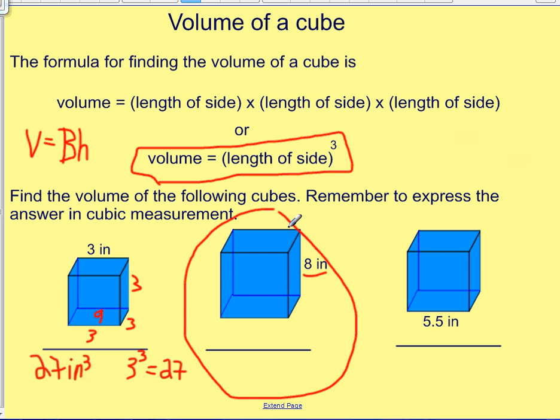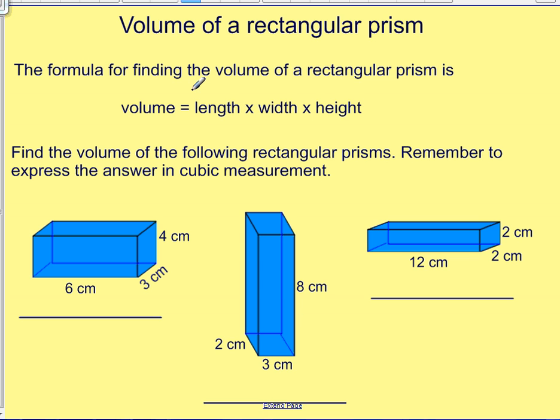All right, so from here we're going to move on to the volume of a rectangular prism. It's a really similar one to the cube, except that instead of working with one number, you're working with more than one number. To be more specific, you're working with 3. You can think about it again in my terms of volume equals base times height.